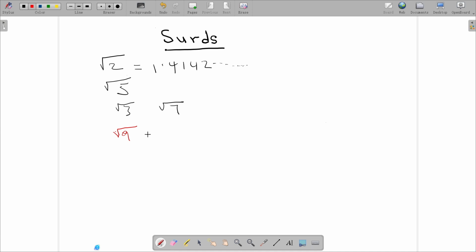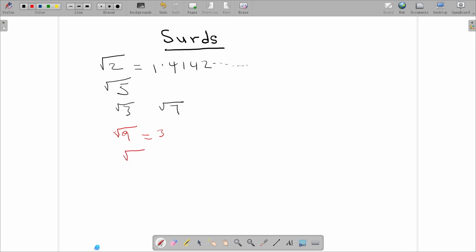Why? Square root of 9 can be further simplified as a whole number, or as a rational number, because square root of 9 is 3. Therefore, square root of 9 is not a surd.